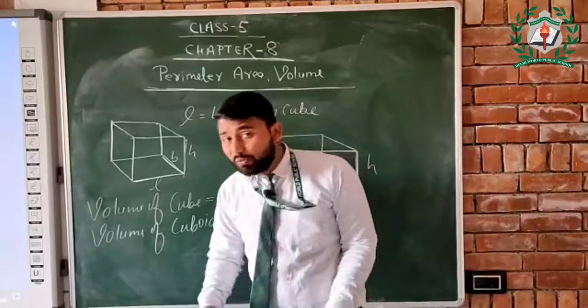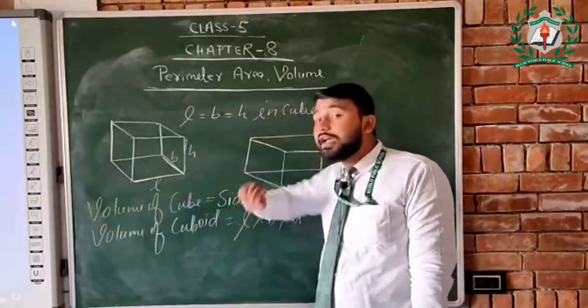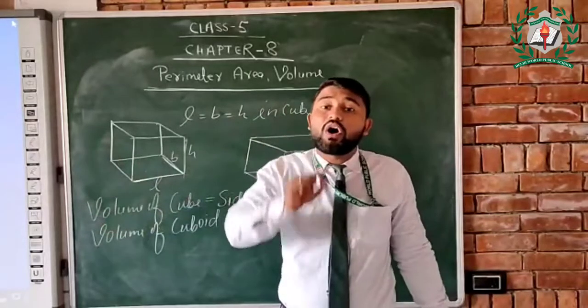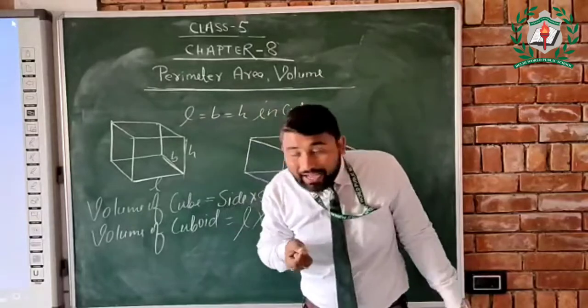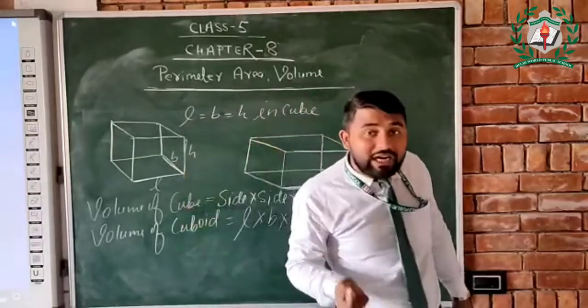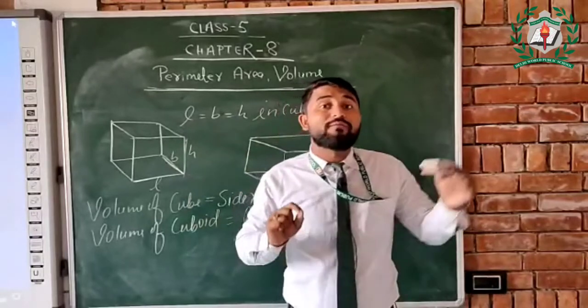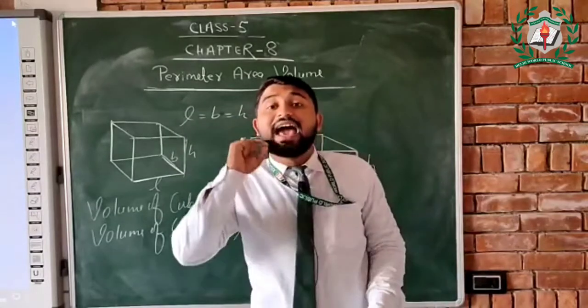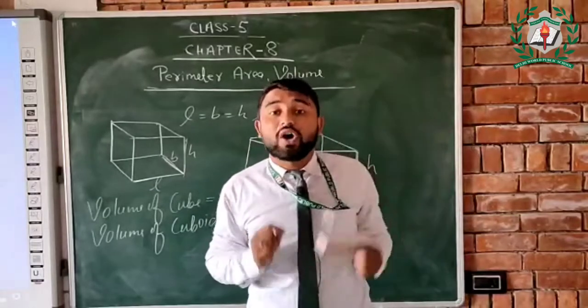So dear students, what have we discussed? We have discussed the volume of cube. Cube is made up of a square. And cuboid is made up of a rectangle, and in a rectangle, we know the opposite sides are congruent.